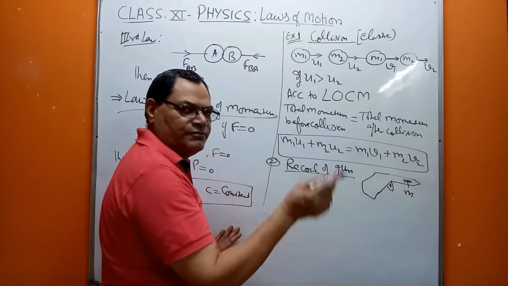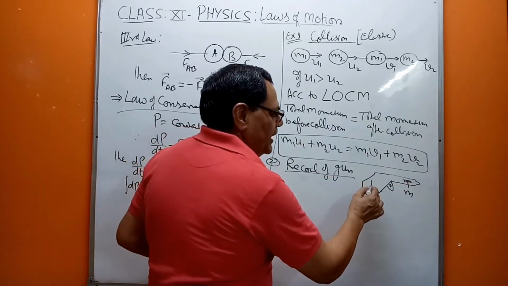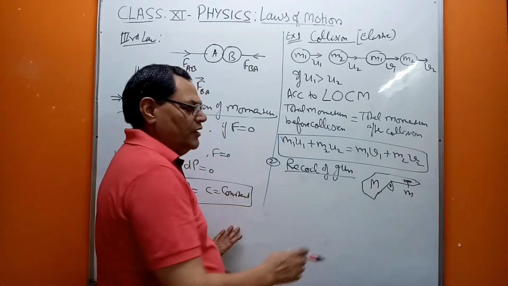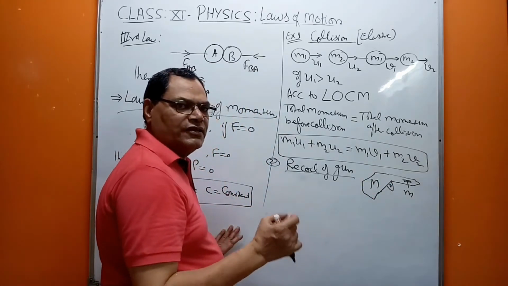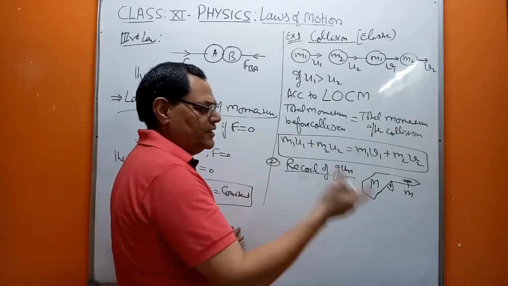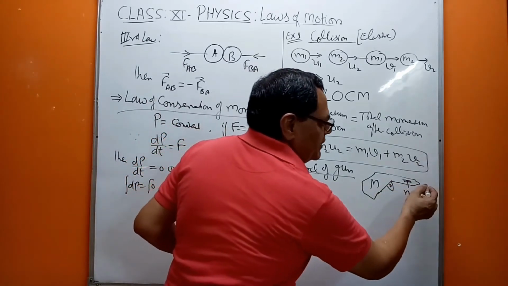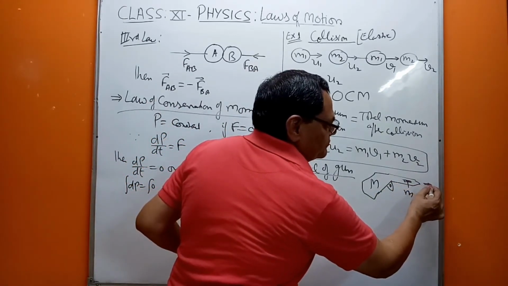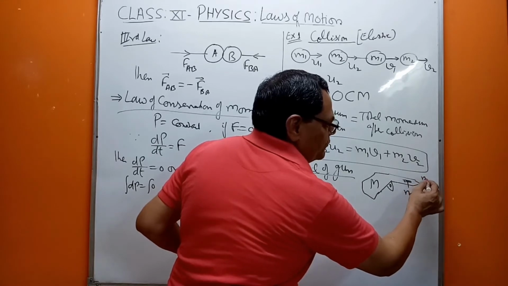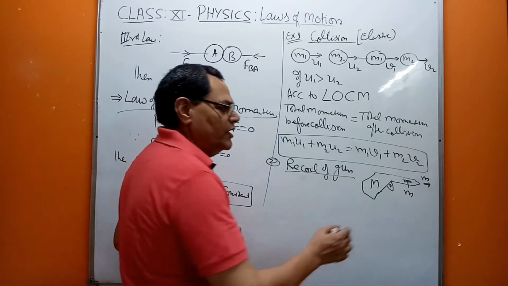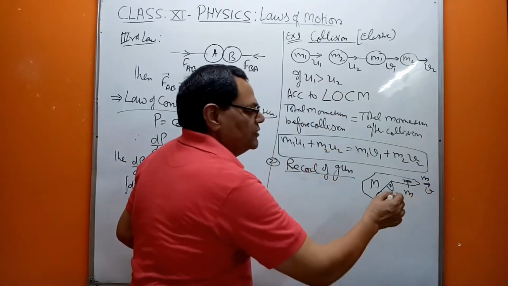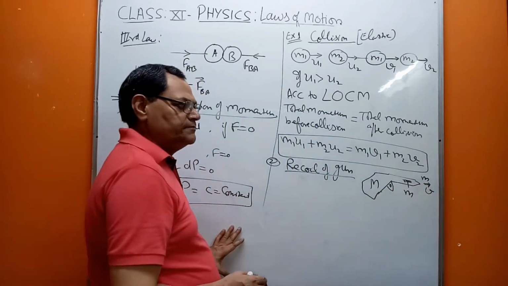Small m is the mass of the bullet inside the gun, and capital M is the mass of the gun. When the gun is fired, what will happen? The bullet will come out with some velocity, so this bullet of mass small m comes out with velocity small v.